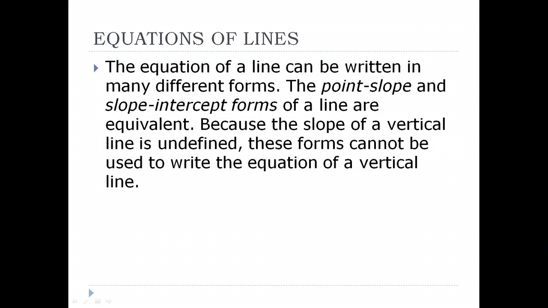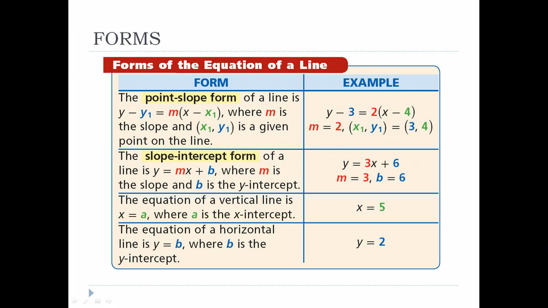The equation of a line can be written in many different forms. The point slope and slope-intercept forms of a line are equivalent. Because the slope of a vertical line is undefined, these forms cannot be used to write the equation of a vertical line. The point slope form looks like y minus y1 equals m times x minus x1.